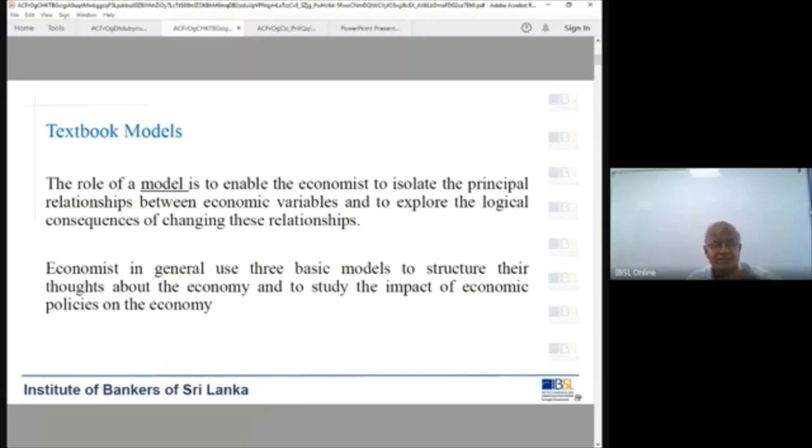Monetary policies are designed, announced, and implemented by the Central Bank of Sri Lanka. In any country, monetary policy is the baby of the Central Bank. Fiscal policies are the babies of the Treasury, Ministry of Finance.